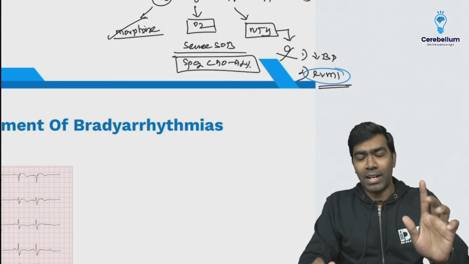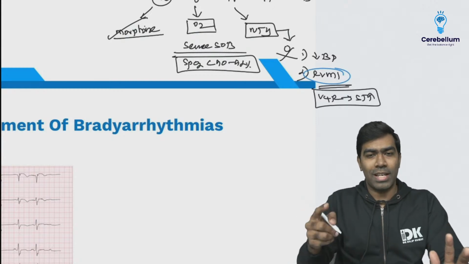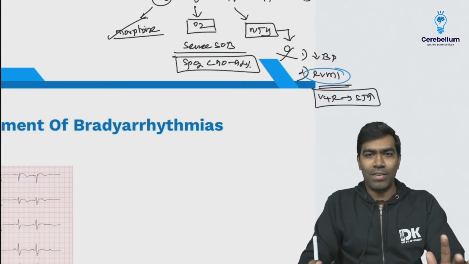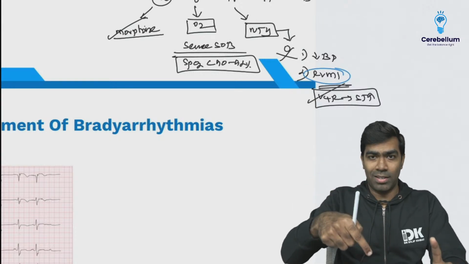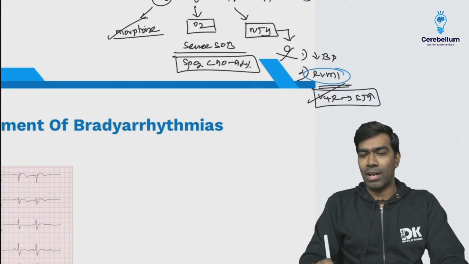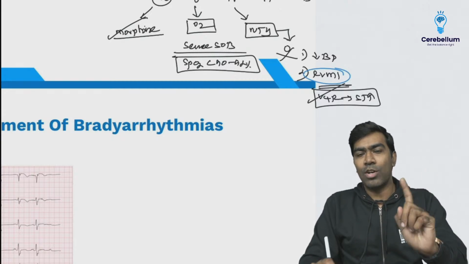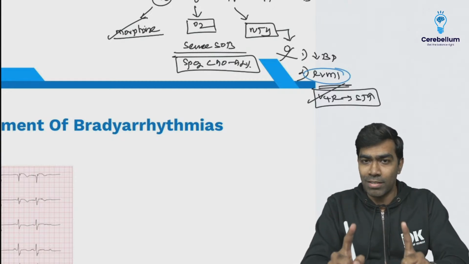So when do you suspect a right ventricular MI? Whenever V4R shows ST segment elevation, you suspect right ventricular MI. Or in a standard 12-lead ECG, if V1 is showing ST elevation and V2 is showing ST depression, you suspect right ventricular MI. So in a right ventricular MI, don't use any agent that reduces the preload, because the right ventricle is preload sensitive.